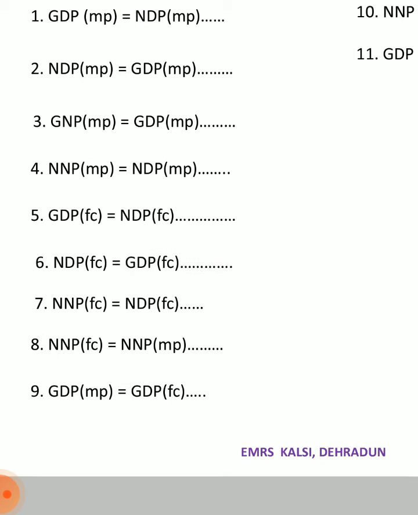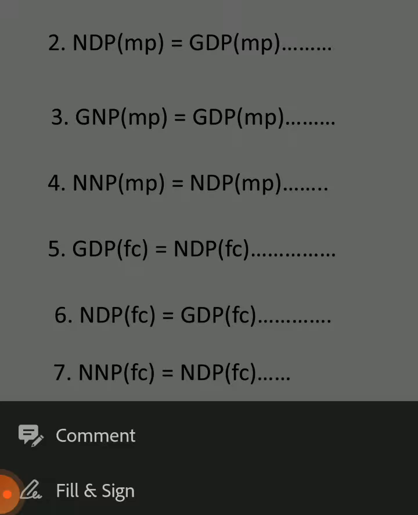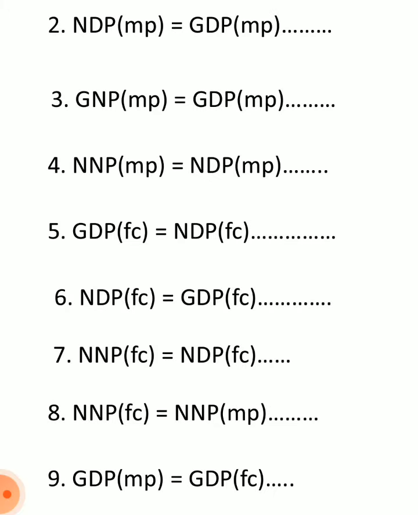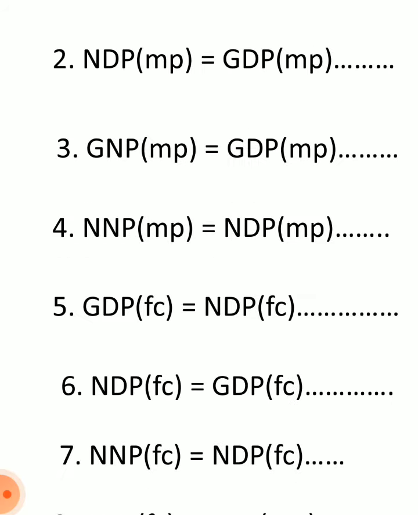So when we start converting, we have to convert step by step. We don't have to rush, we don't have to catch the train. Let us see the first one, NDP-MP. We convert the first alphabet first, and after converting, we jump to the second alphabet.